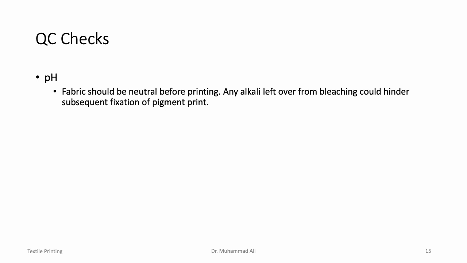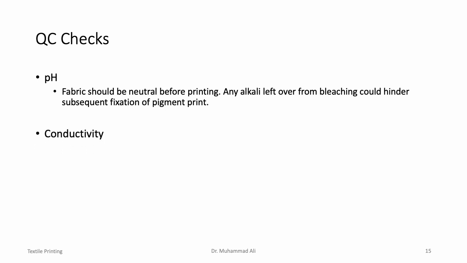For example, if there is any alkali present in the fabric, making its pH slightly alkaline, then the fixation of pigment print could be hindered by that. There are other unwanted effects as well, but the scope of this lecture is not to talk about the preparatory processes in great detail.